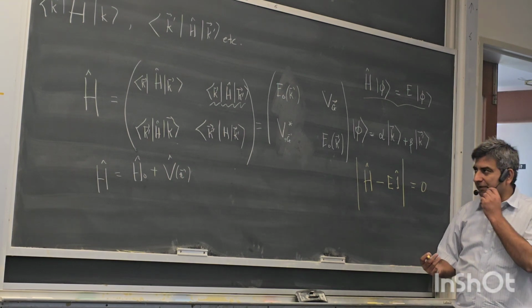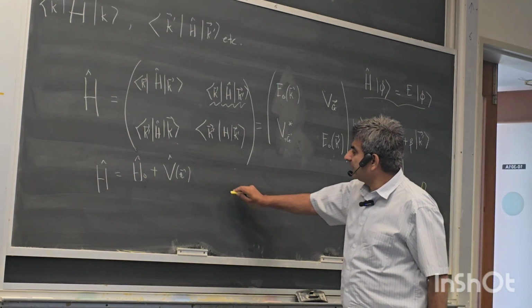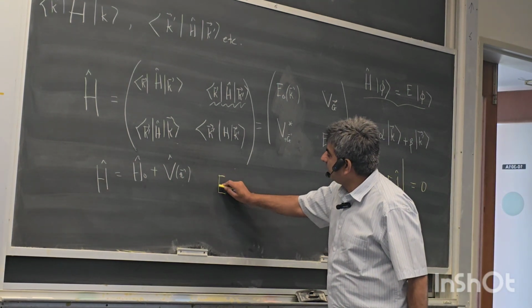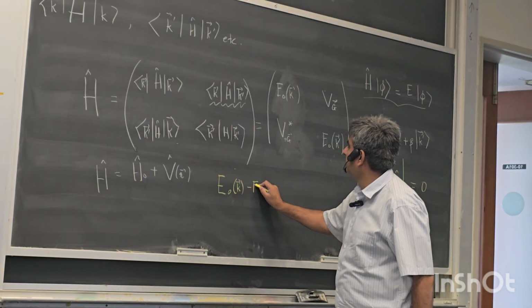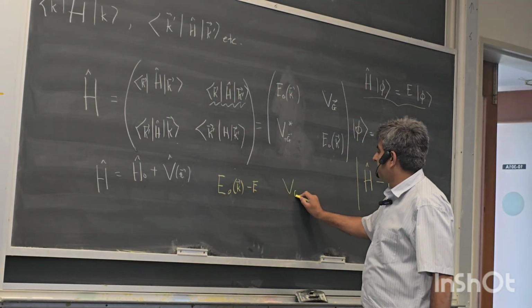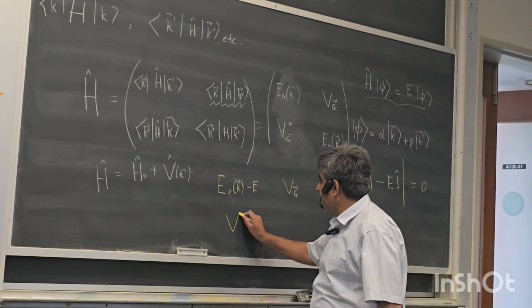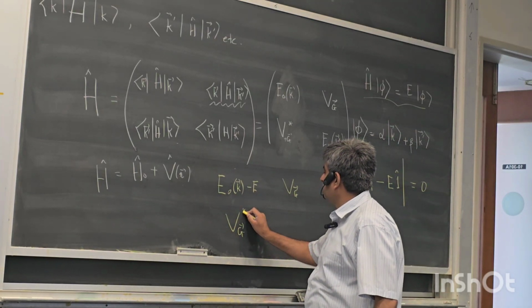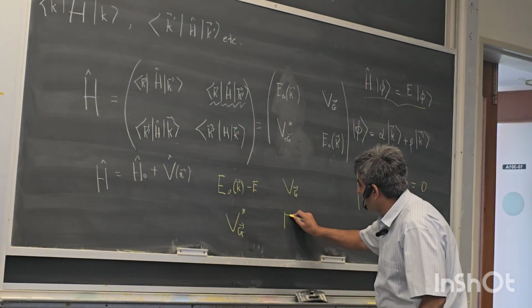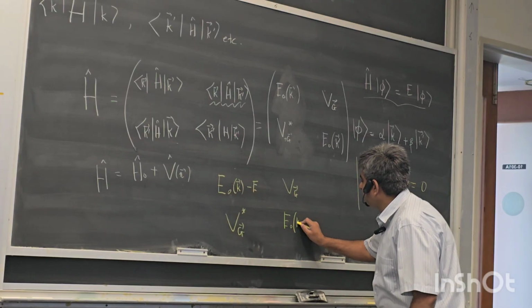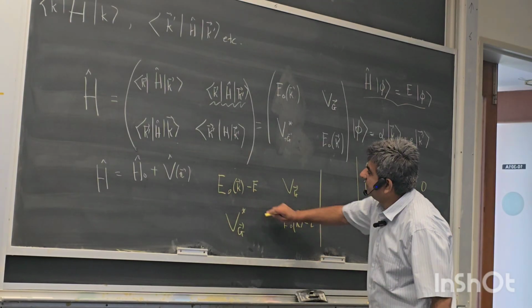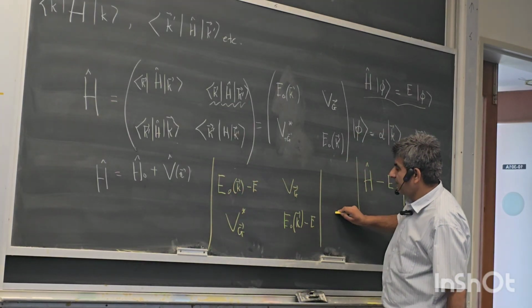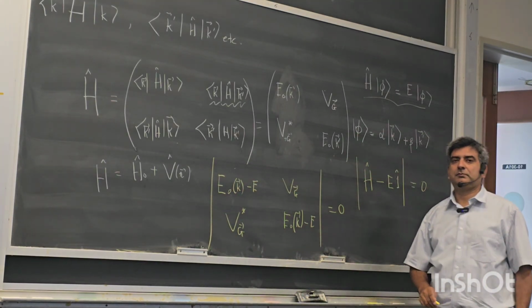So let's try to do this. So this becomes E naught K minus E, Vg, Vg star, E naught K prime minus E, determinant. This must be equal to 0.